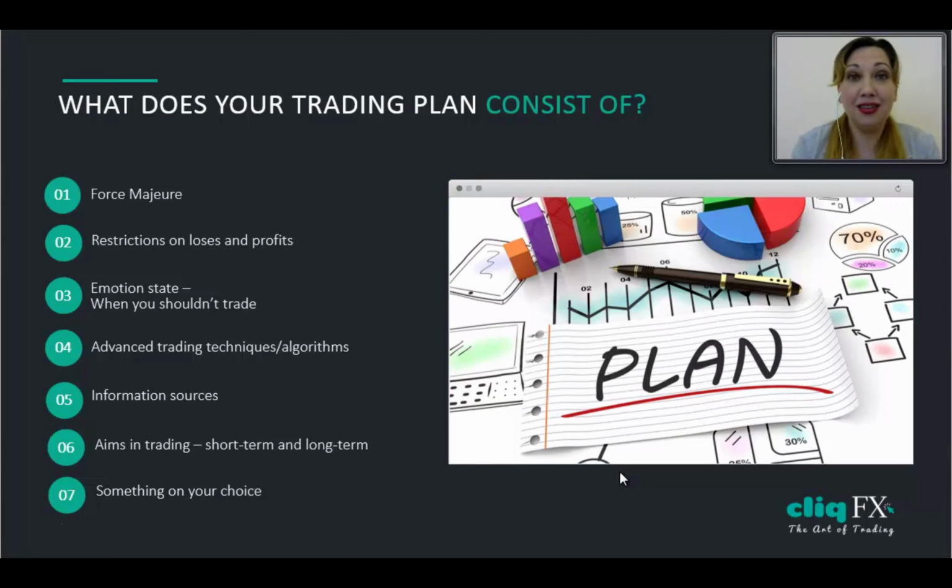Item number 1 is force majeure measures. It should be clearly specified, or the necessary preparatory measures should be taken. What will you do if, for example, they cut off electricity or power, or Windows crashes, or in case of internet disconnection, or another end of the world comes?